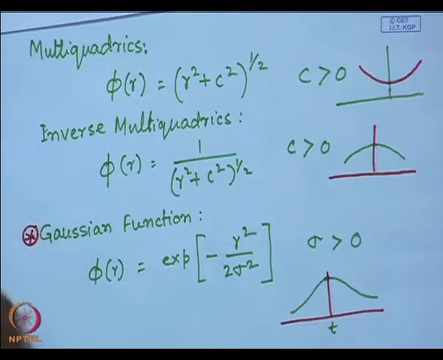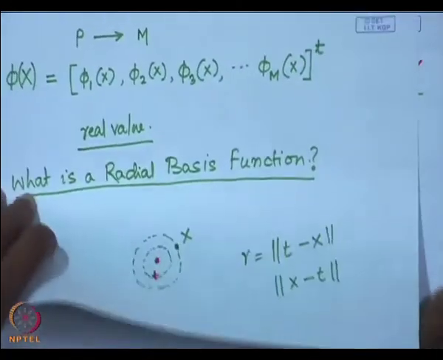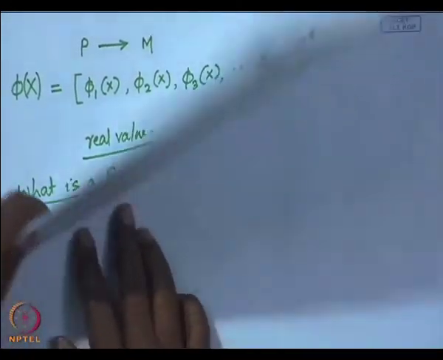Now, let us see how by using this radial basis function neural network, we can convert a linearly non-separable problem to a linearly separable problem, even keeping the dimensionality of the feature vector same. So, for doing that, I will use the same XOR problem.